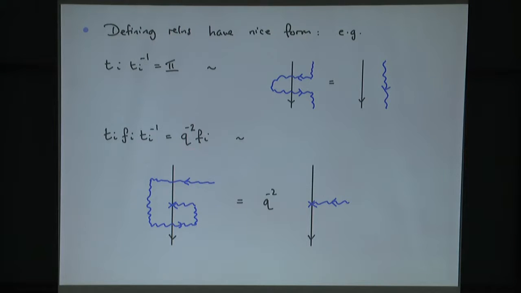And then this relation just means I can pull this knot tight, at the expense of pulling out this Q to the minus 2 factor. Okay? And you can play the game of trying to write down what other relations look like in terms of this as well.